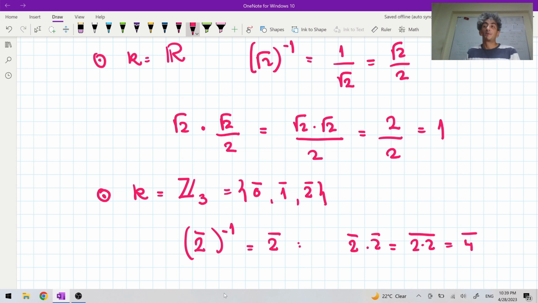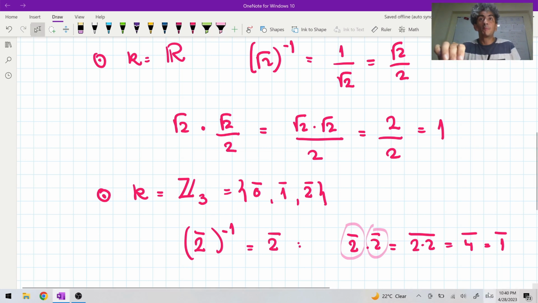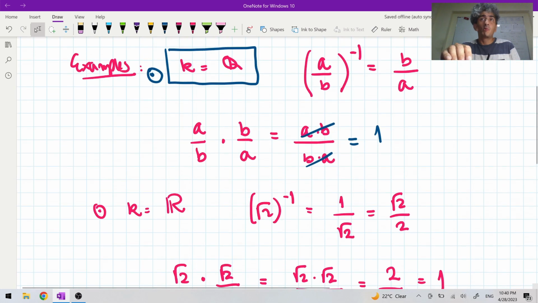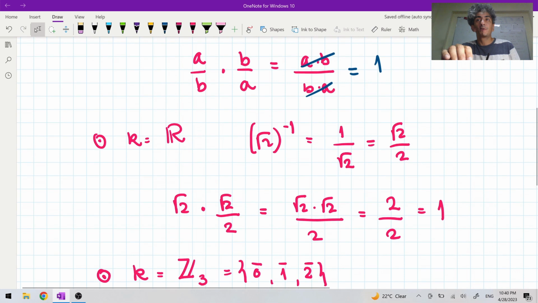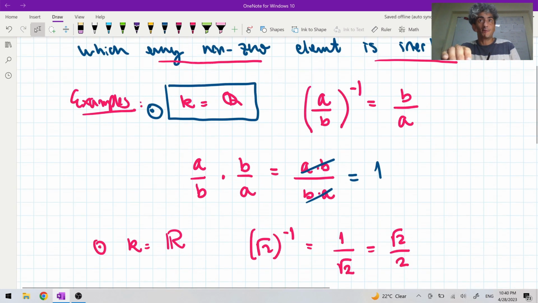To see what the class of 4 is, you divide 4 by 3 and look at the remainder, which is 1. So the inverse for the class of 2 is the class of 2. Okay, so we have fields, we have worked with them through high school, and we have learned how to build finite fields. So that's what a field is.